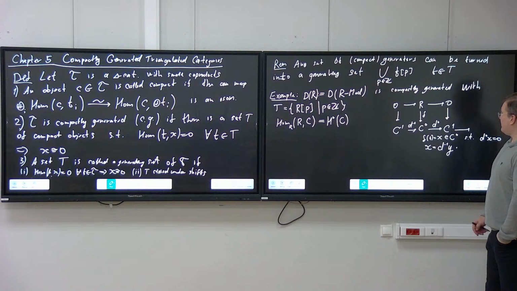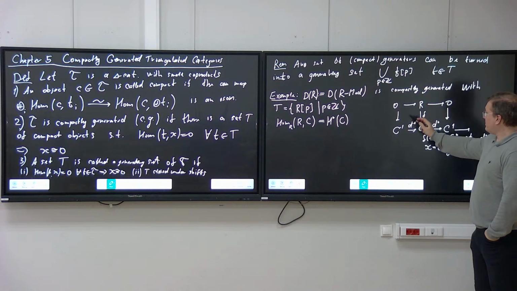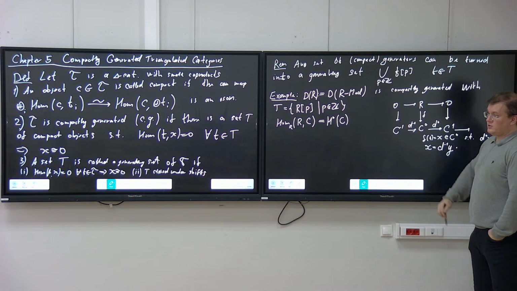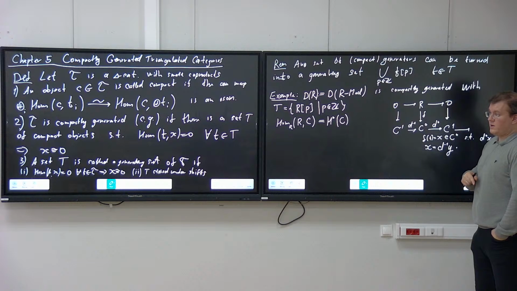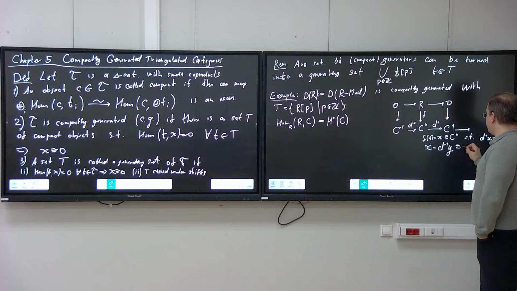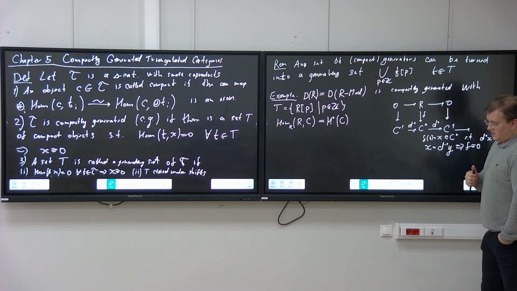So you have a map from the ring to C minus 1, which sends 1 to Y, right? So then this map is homotopy equivalent to the 0 map. And of course, if this is 0 in the homotopy category, this is 0 in the derived category.